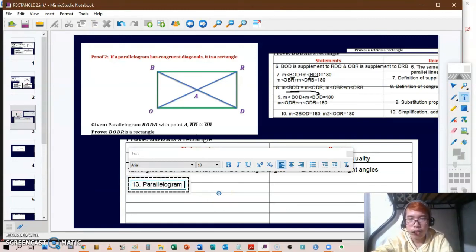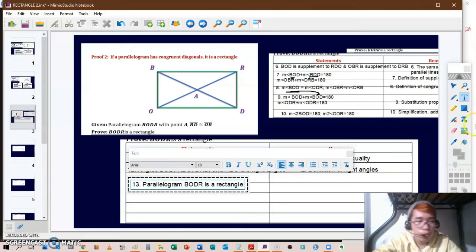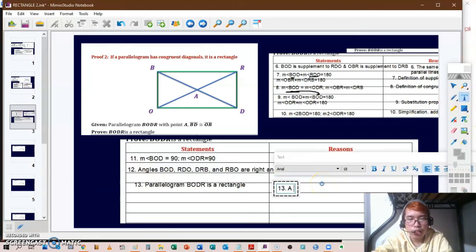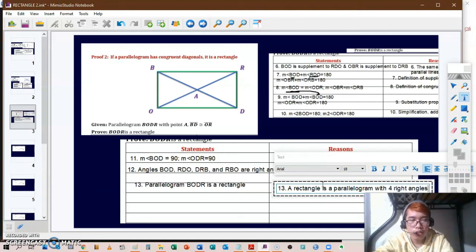And therefore, for number 13, we can now say that parallelogram BODR is a rectangle through the definition of a rectangle, because a rectangle is a parallelogram with 4 right angles and 2 pairs of congruent and parallel sides.